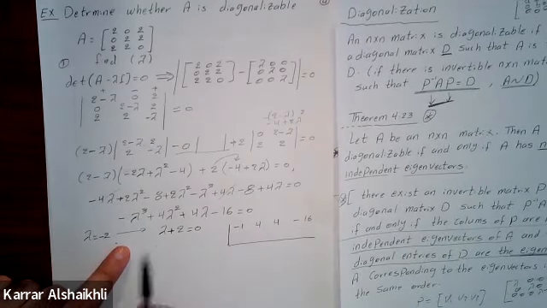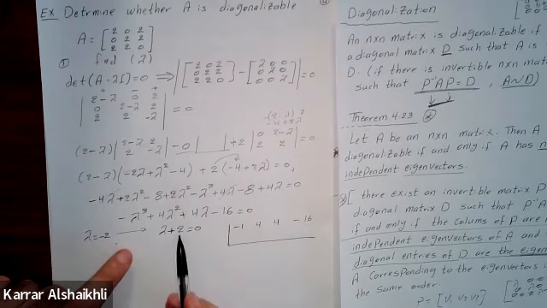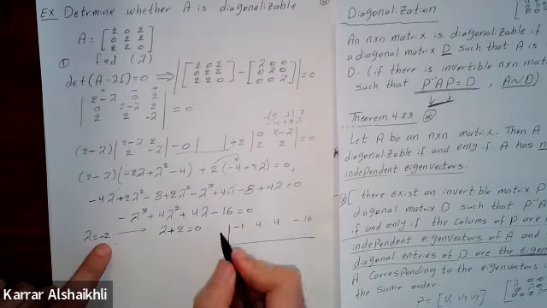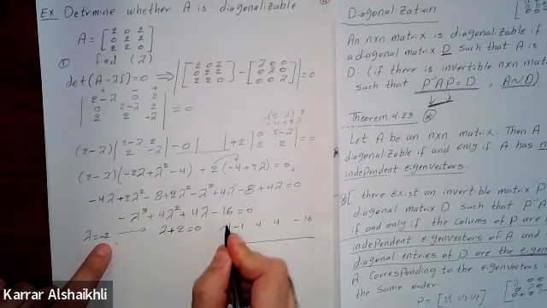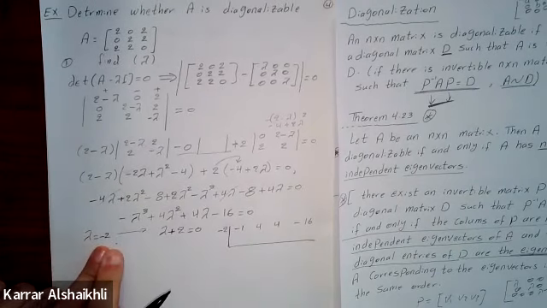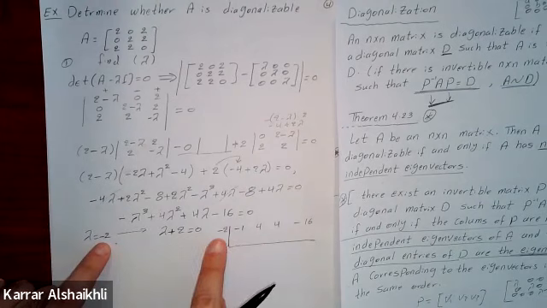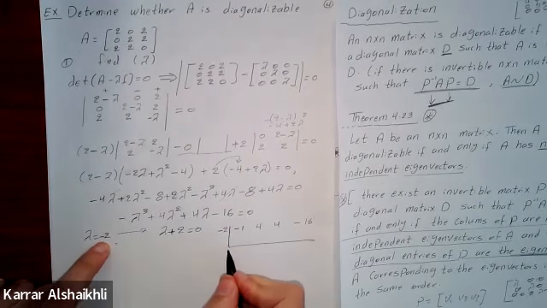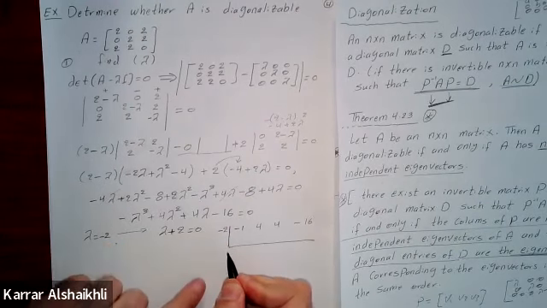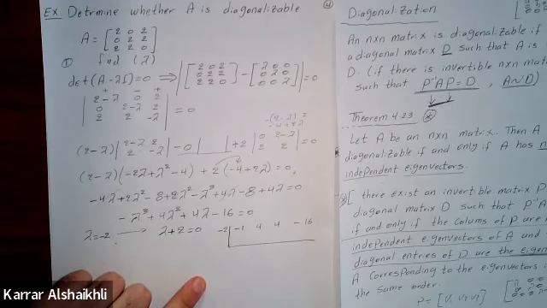The next step, I'm going to divide everything here by -2, because this is a zero, this is a solution, right? So one of the lambdas is -2. So I'm going to divide everything by -2. This is the synthetic division, not the long division. If you want to use the long division, it's fine.